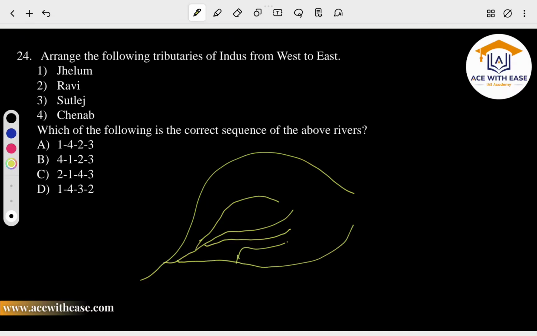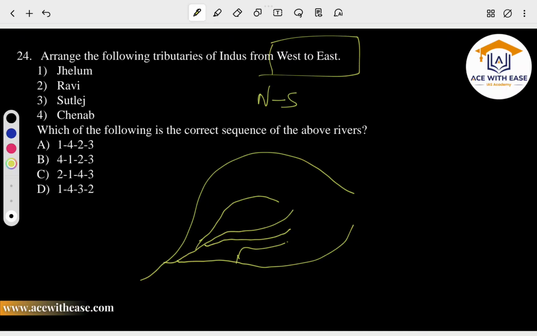In this question they asked the following from east to west. Generally they might ask north to south or south to north, but here the question is asked from the west towards the east.